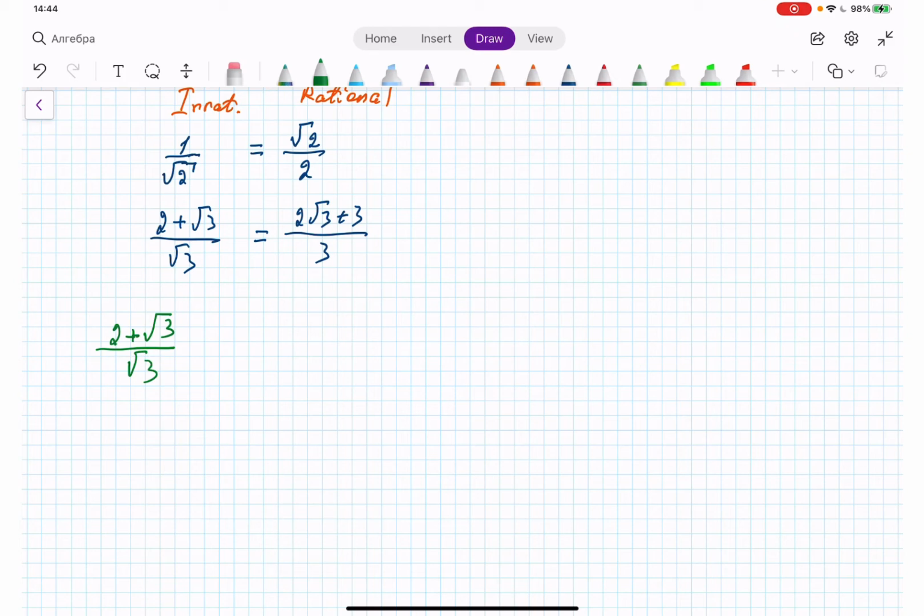The denominator of this fraction is square root 3. To make it a rational number, there is only one method to get rid of that radical, and we have only one choice: multiply by itself.